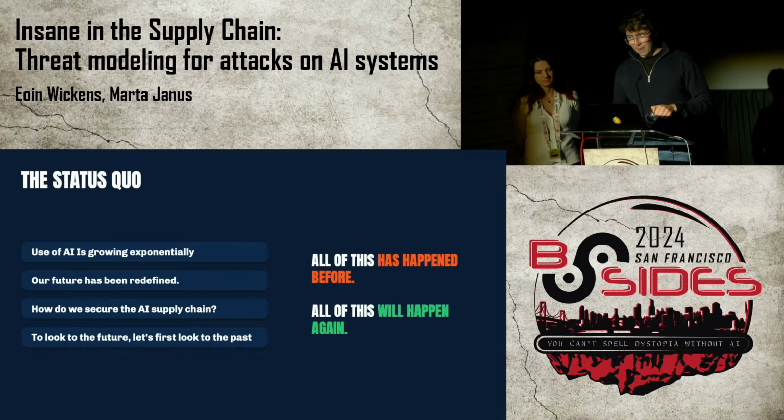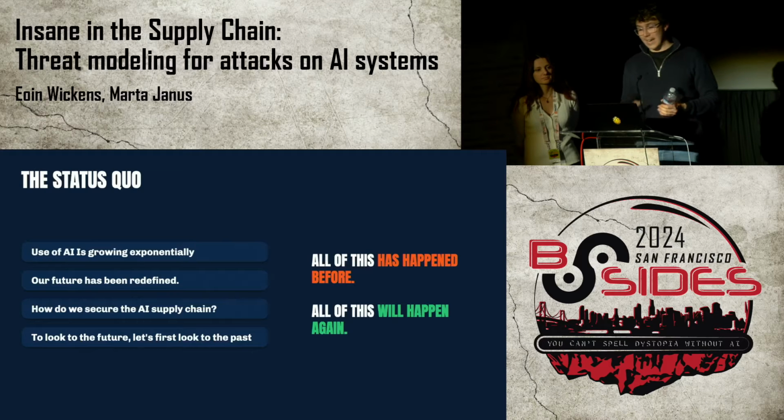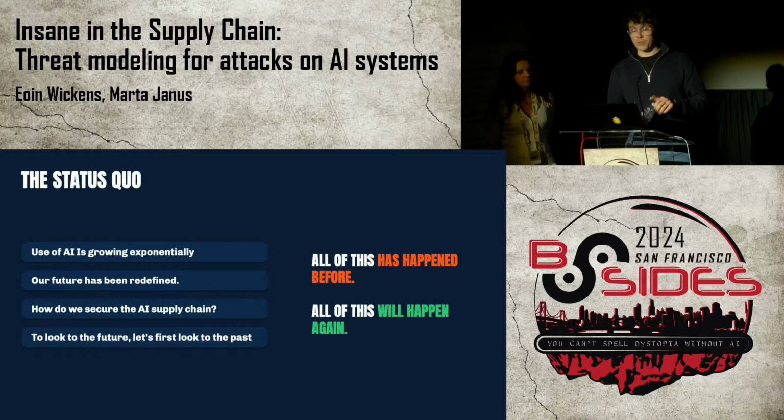Whether you like it or not, our future has been redefined, and we have basically entered into a new industrial revolution. The issue is, how do we secure this and prevent attackers or bad actors from using AI or our own AI systems for their own illicit gain? We need to ensure that our future remains a positive one.